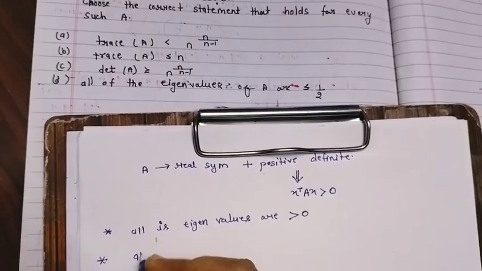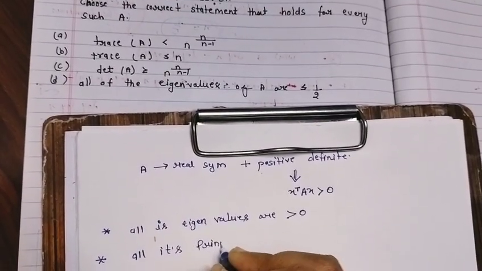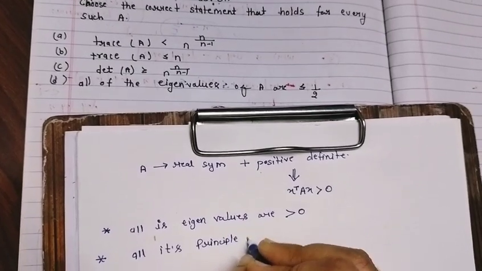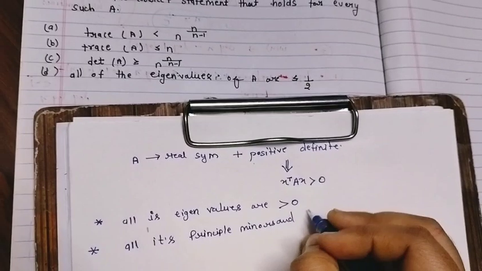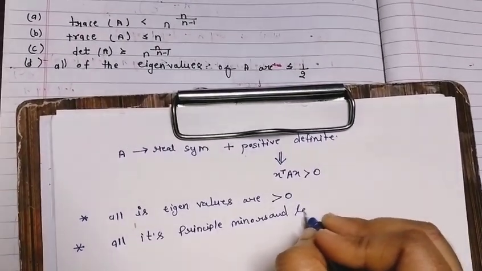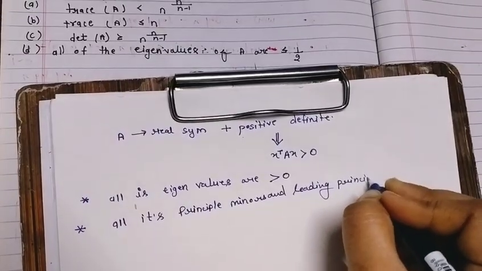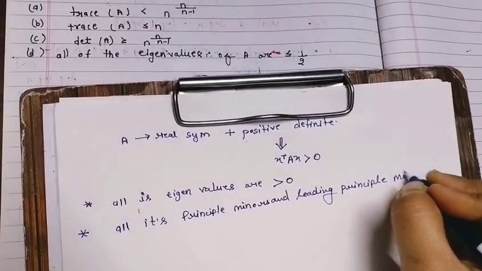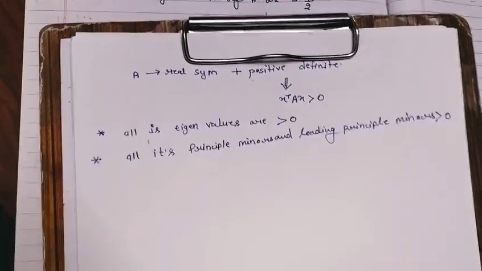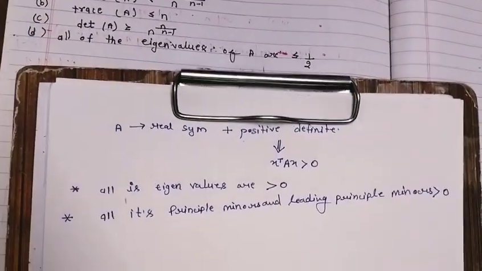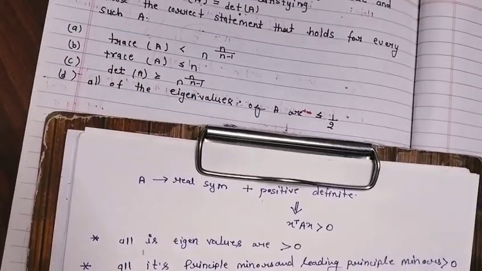Next, all its principal minors and leading principal minors are also greater than 0. So by using these two conditions we can find the answer of this question.